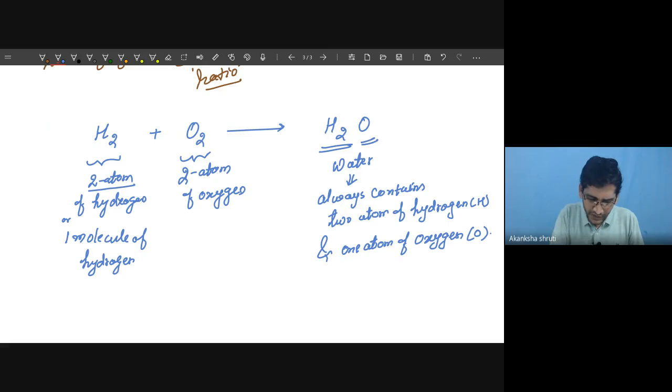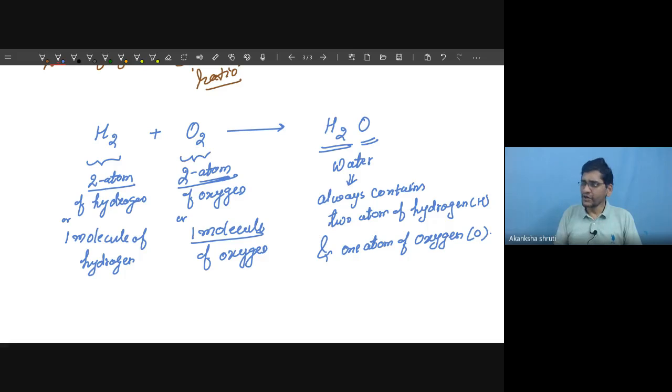It is O2, so it is two atoms of oxygen, or you may write this as one molecule of oxygen. It means one molecule contains these two atoms. It may be triatomic or a single one. Those things we will learn later in this chapter, called atomicity. Like oxygen may exist as O3 in ozone. So those things we will learn later.